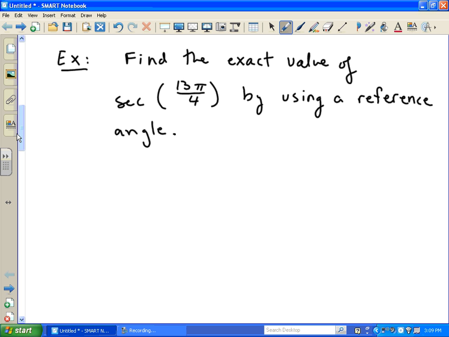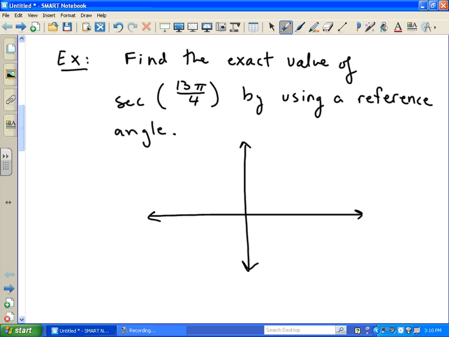In this particular situation, I'm going to talk about 13 pi over 4 by thinking about where 12 pi over 4 is located. 12 pi over 4 is close to 13 pi over 4. 12 pi over 4 would reduce to 3 pi. That would mean we rotate around 3 times pi.